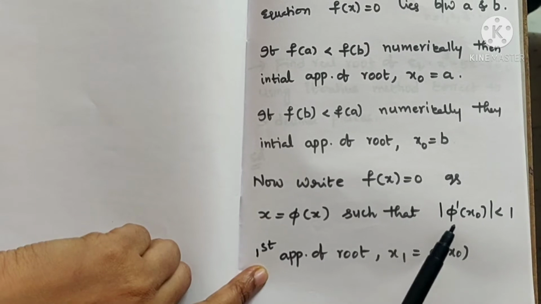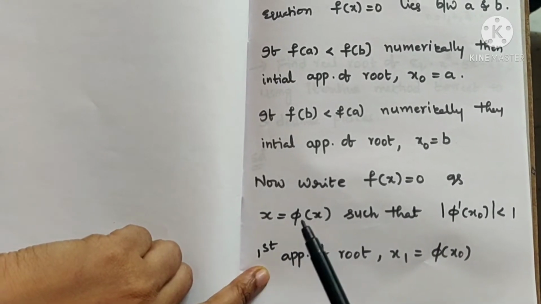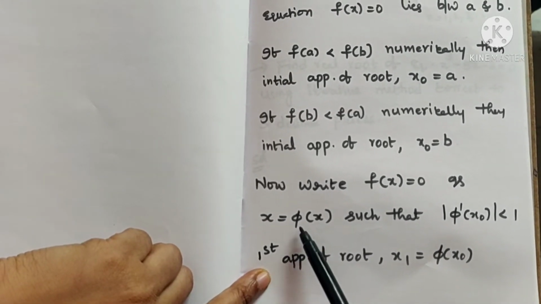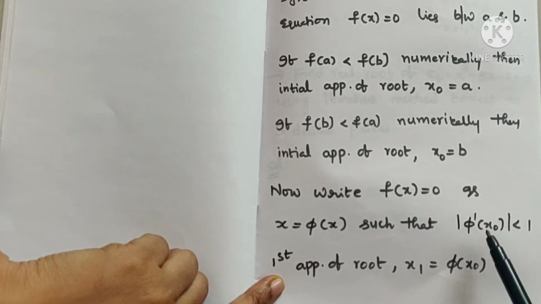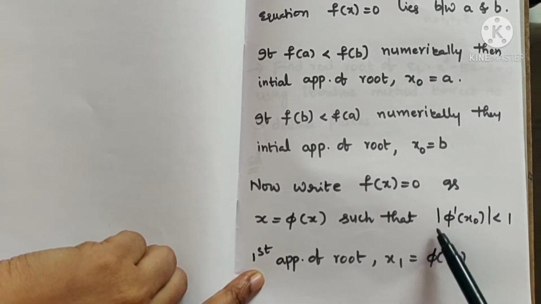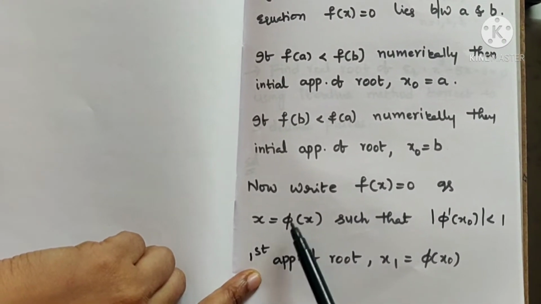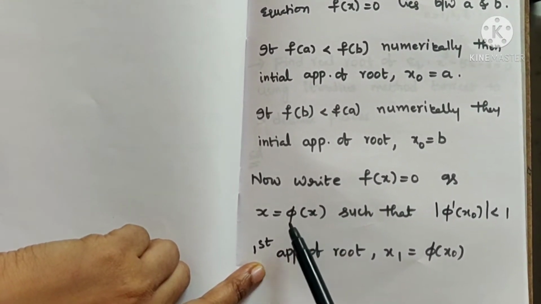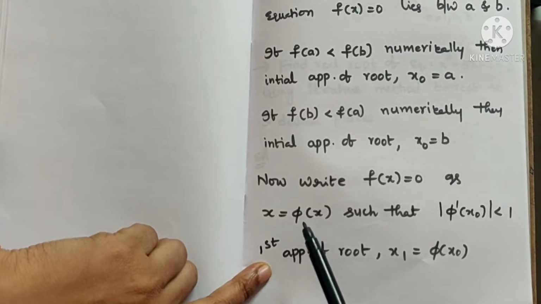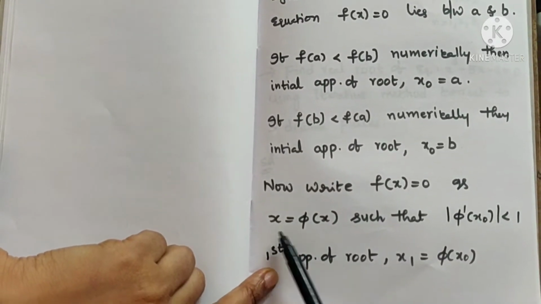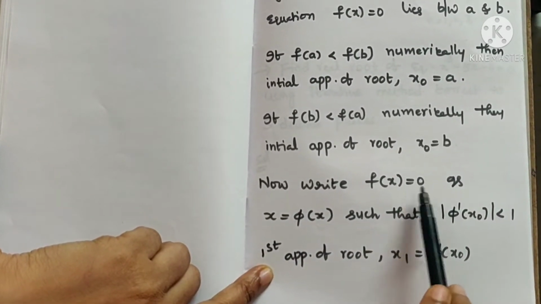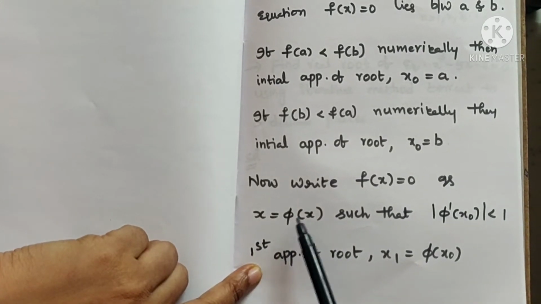After calculating phi dash at the initial approximation, its absolute value should be less than 1.